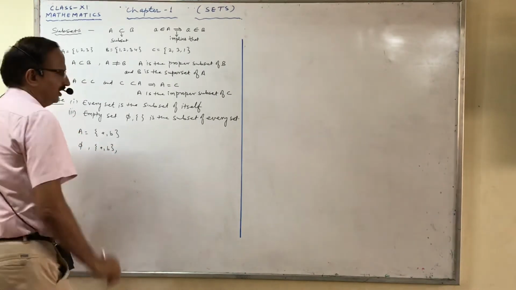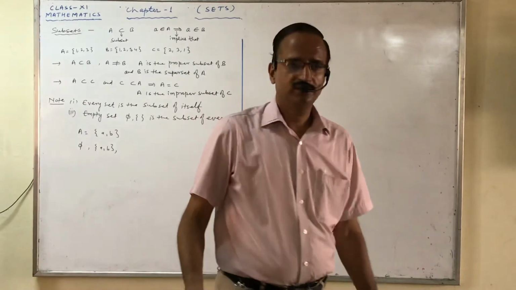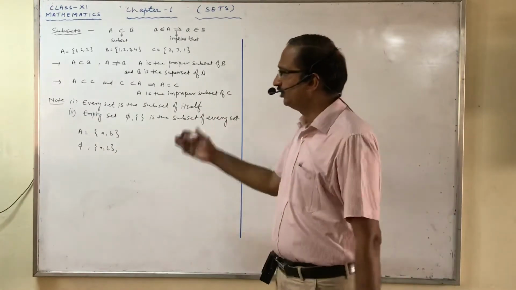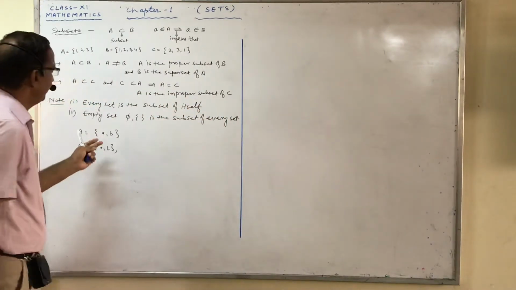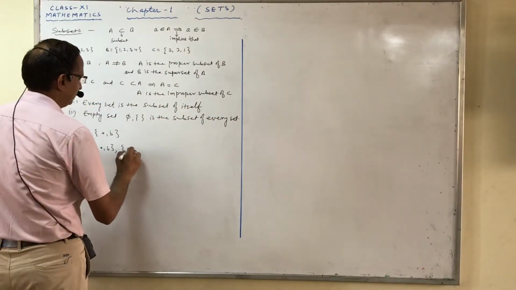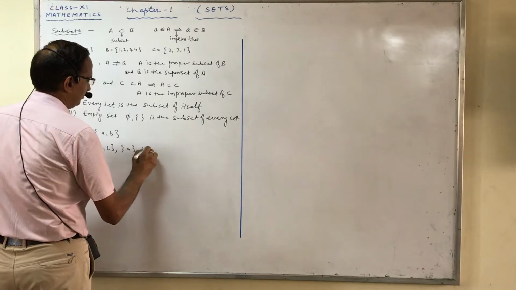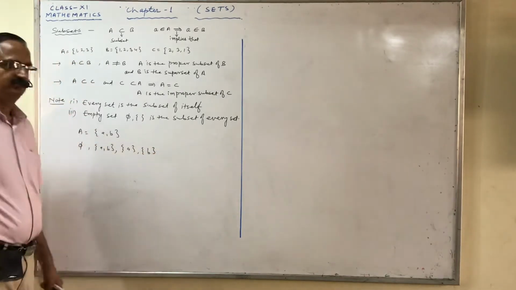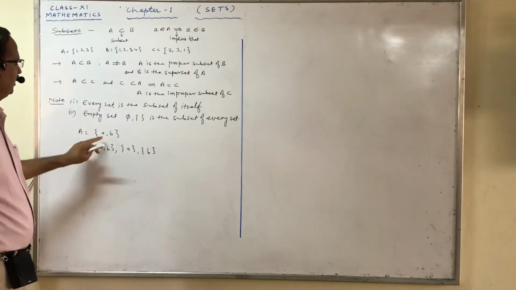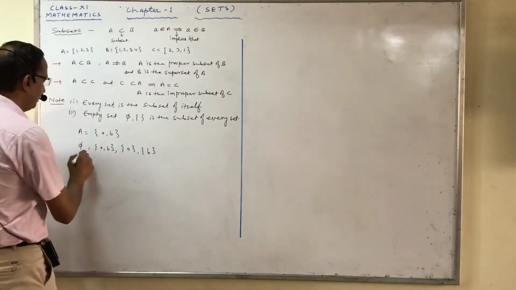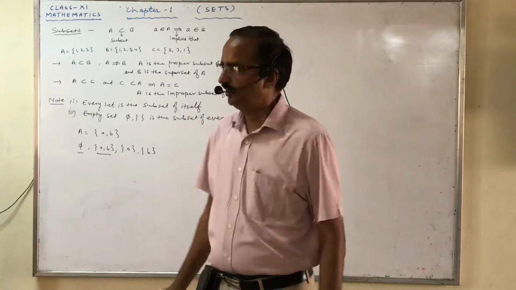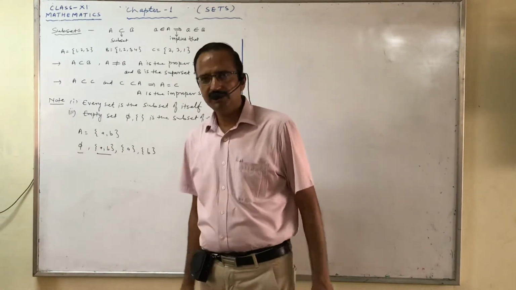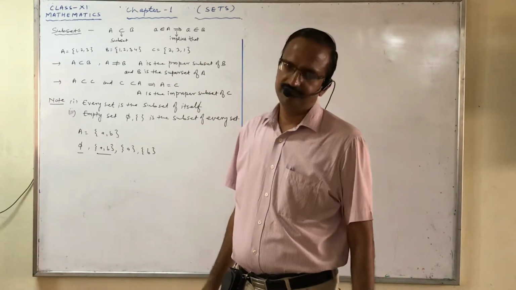Now can we write any more subsets? Yes. We can write {a}, we can write {b}. So all these are subsets of A. These two are confirmed: first is phi, second is the set itself.